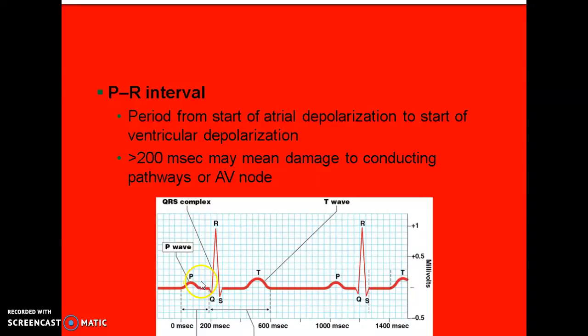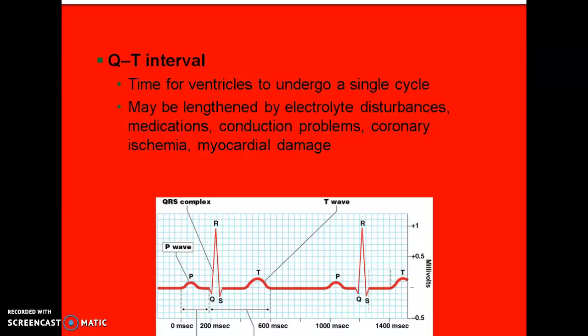The PR interval is the period from the start of the atrial depolarization to the start of the ventricular depolarization. And over 200 milliseconds may mean damage to conducting pathways or the AV node. So the length of that PR interval can indicate problems.